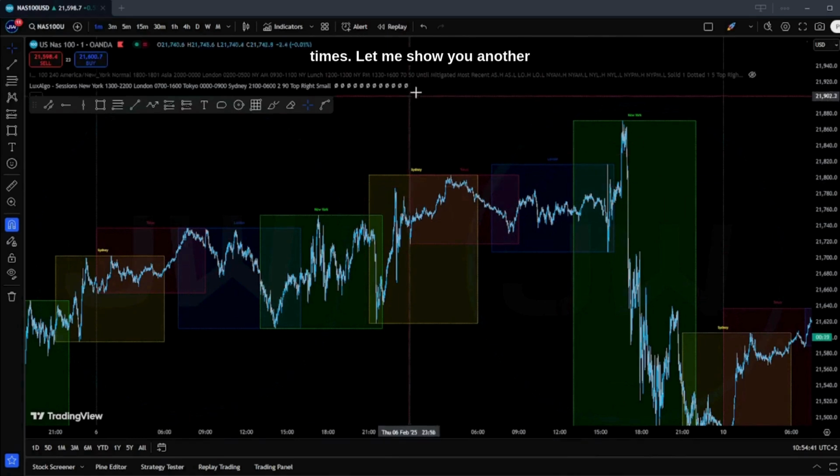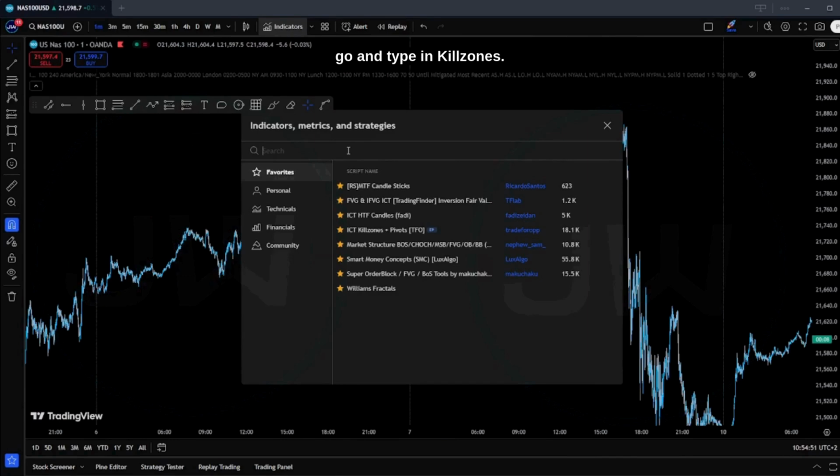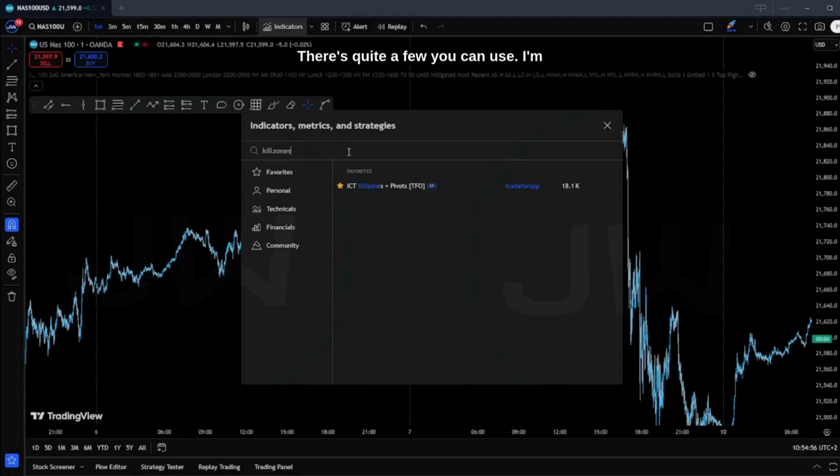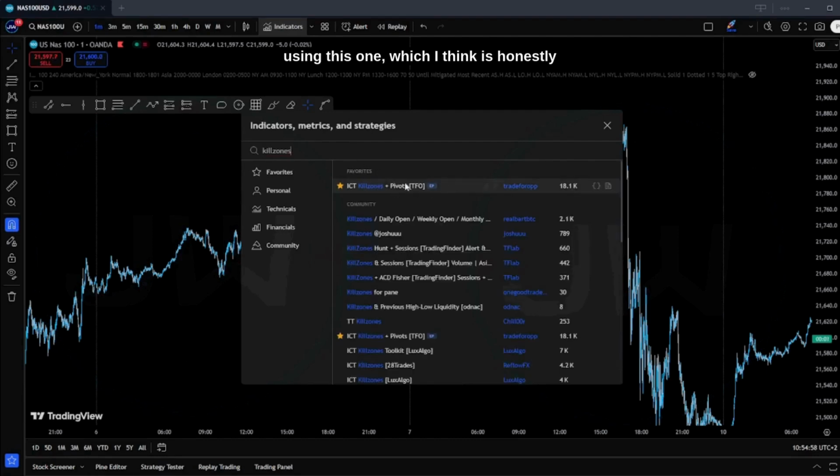Let me show you another indicator we can use. We go and type in kill zones. There's quite a few you can use. I'm using this one, which I think is honestly the best to use.